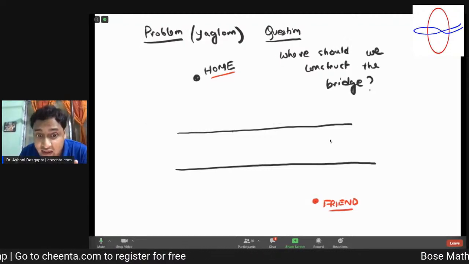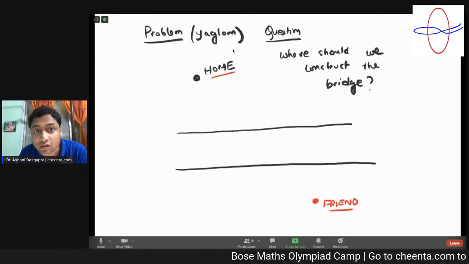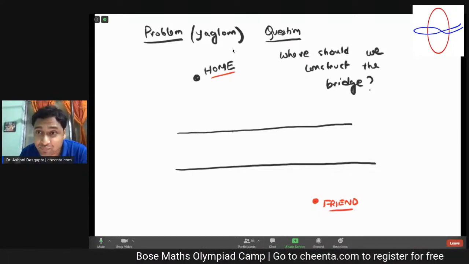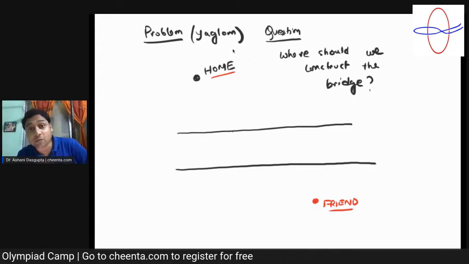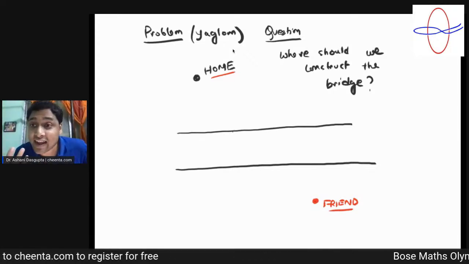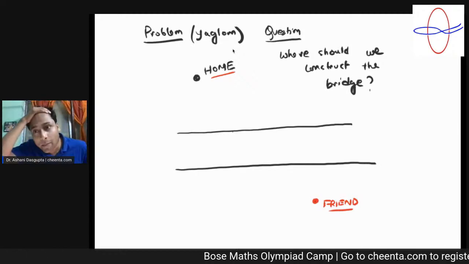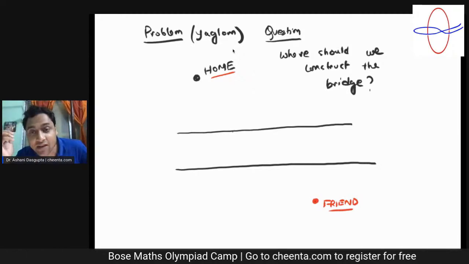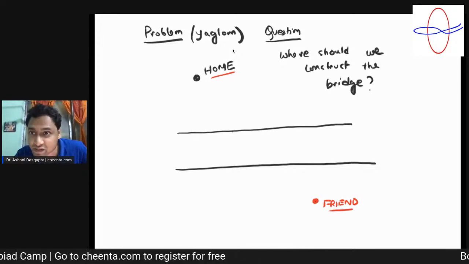Those who are taking classes with us all know that the only way to learn a concept is to do a problem which uses that concept. So this is the problem that we are doing to understand what translation is. Translation is a geometric transformation, and we will be using that transformation to solve this particular problem.